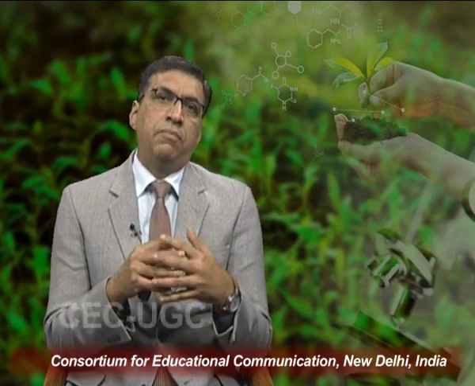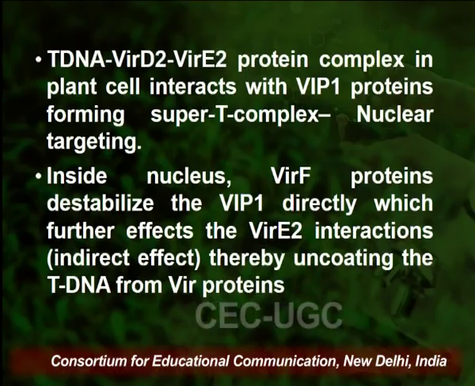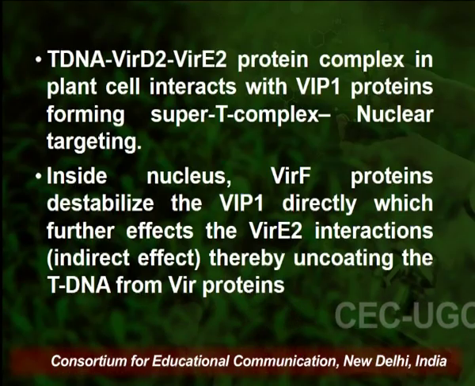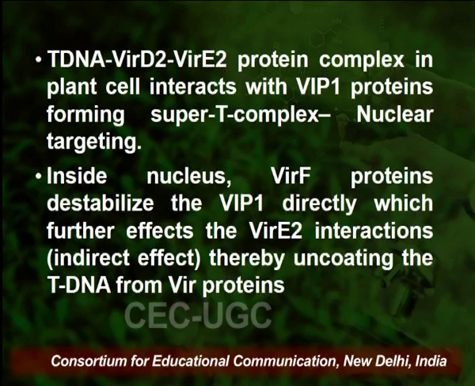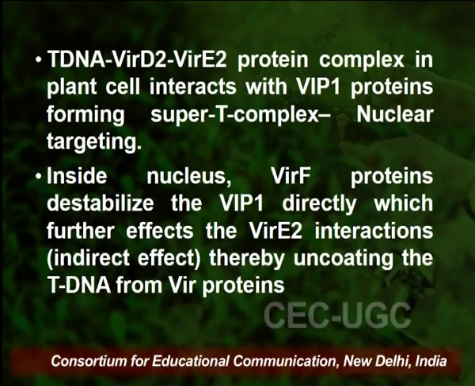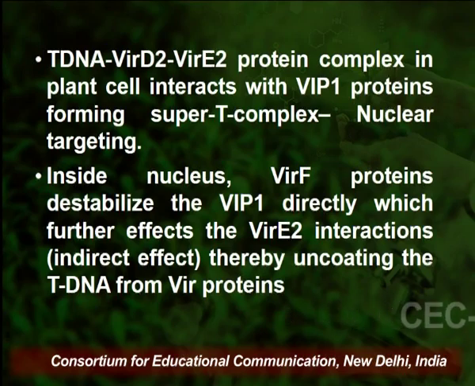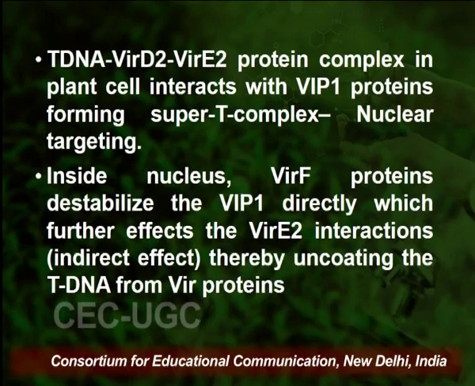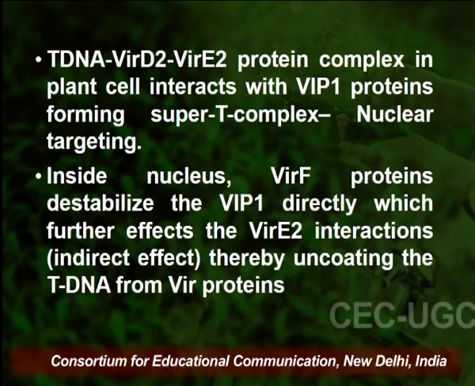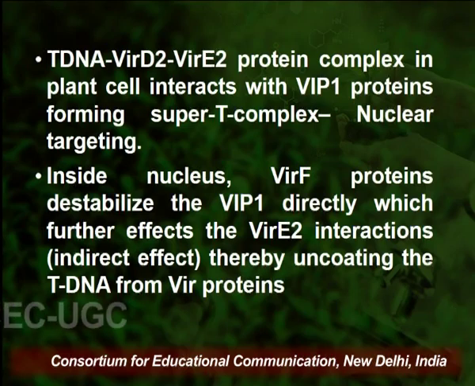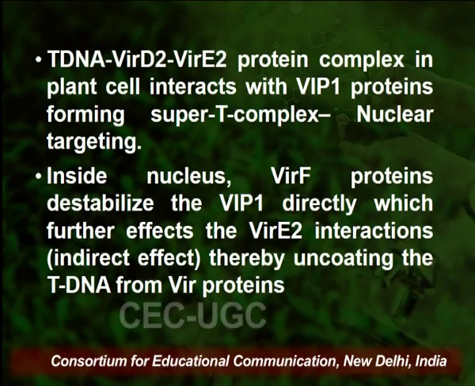Now, once this complex of tDNA with D2 and E2 proteins enters the plant cell, it again forms a complex with VIP1 proteins in the plant cell, and this huge complex we call the super T complex. The VIP1 proteins are responsible for guiding this tDNA with vir D2 and vir E2 complex to the nucleus of the plant cell.